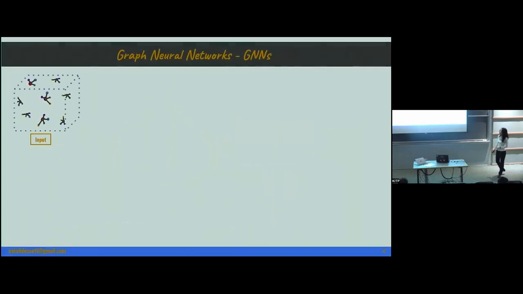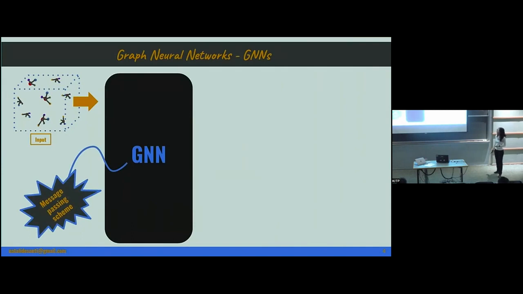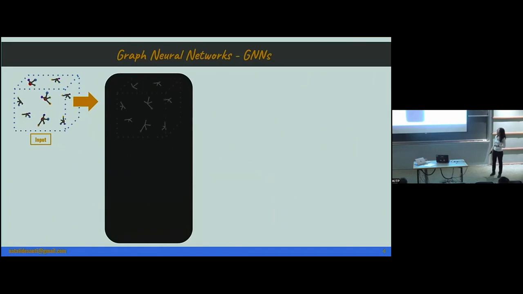Let's talk about graph neural networks. My role here is to try to explain what is behind this black box of machine learning. We are feeding these graph neural networks with our galaxies translated into graphs. We have done this implementation using a message passing scheme, which means that we have blocks in this architecture, and the idea is that we are going to update the values that we have in our nodes and in our edges.